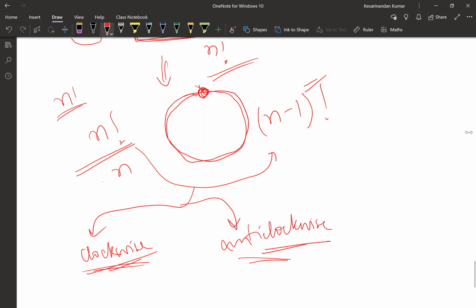So a witty answer for such a scenario is that it depends from what perspective you are looking at the fan. If the fan is rotating clockwise from the bottom, then if I see from the top of the fan, it will move anti-clockwise, the direction will change. So I cannot be sure whether it is moving clockwise or anti-clockwise. Trust me, if you give such a witty answer, they will say, okay, fine.